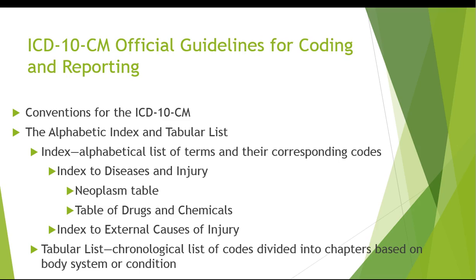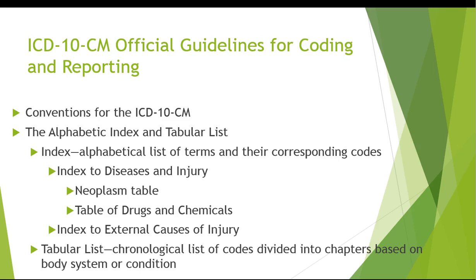ICD-10 is divided into your alphabetic listing, which is an alphabetical list of terms and their corresponding codes. We also have a tabular list, which is a chronological list of codes that are divided into chapters based on either a body system or a condition.